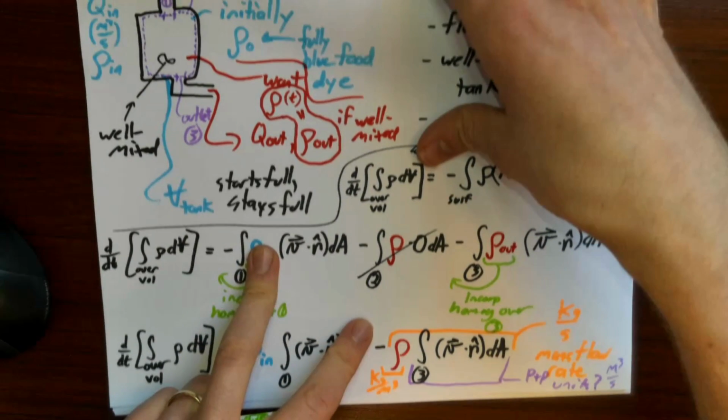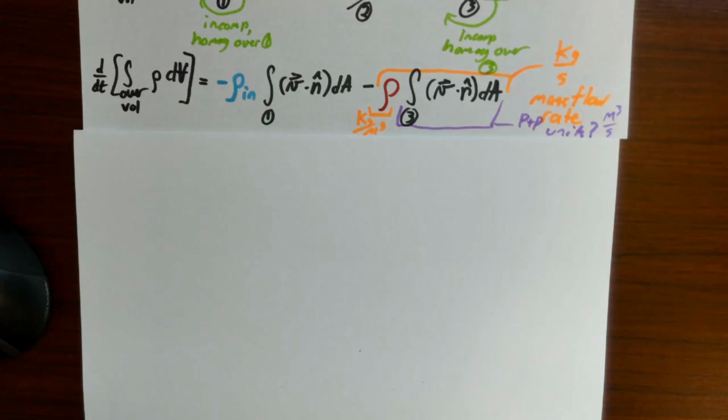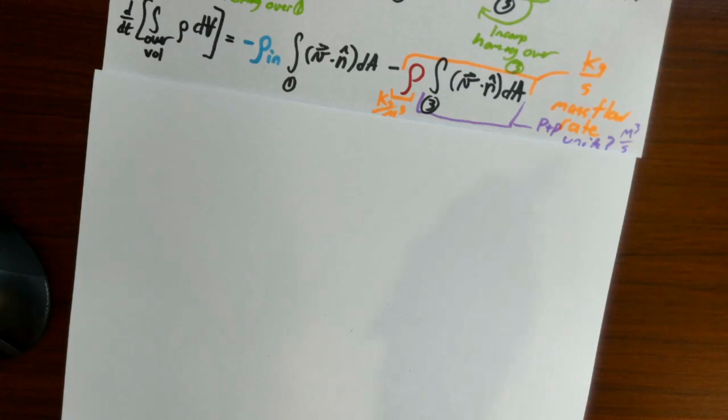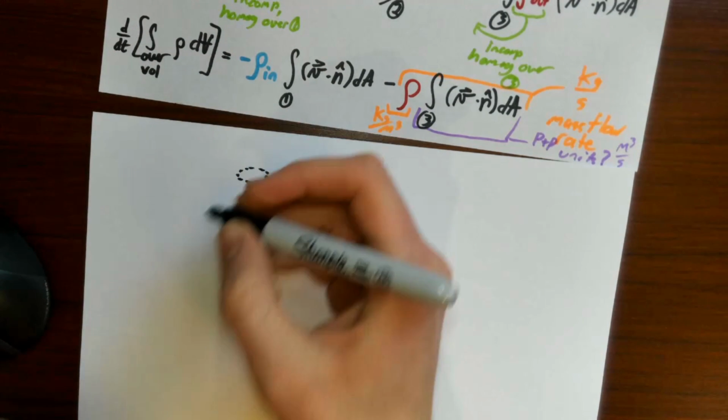What are these v dot n dA terms right here? Let's work it out. Let's think about surface 1 right here.